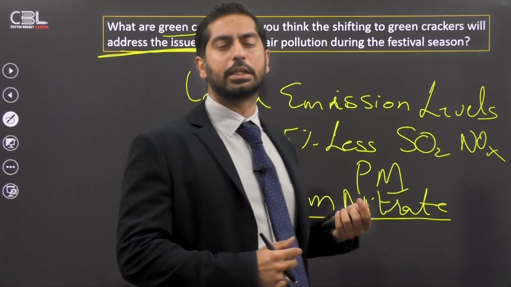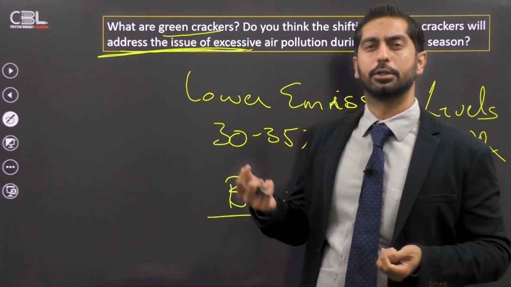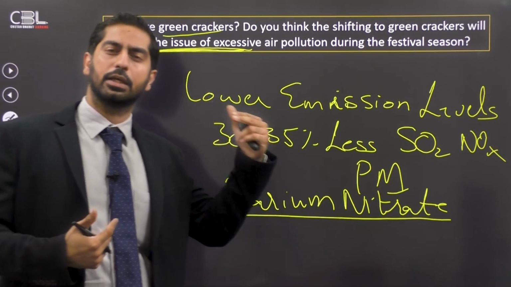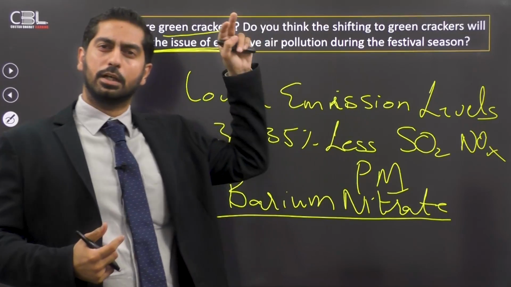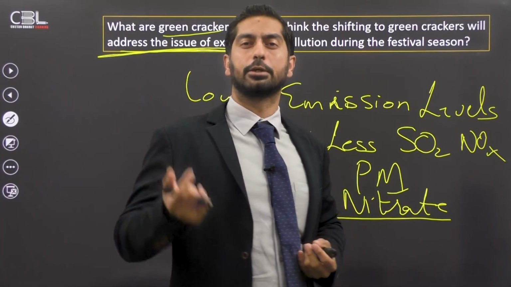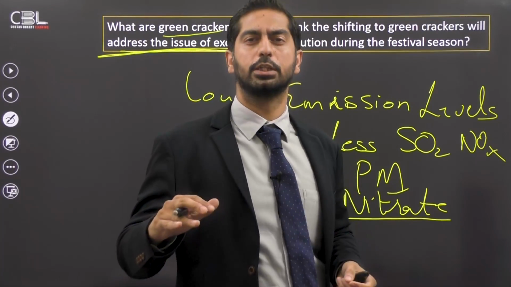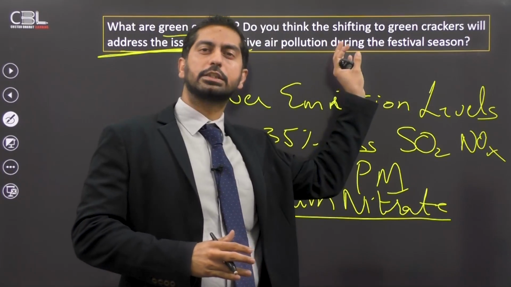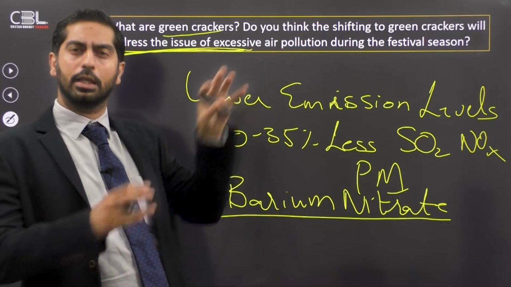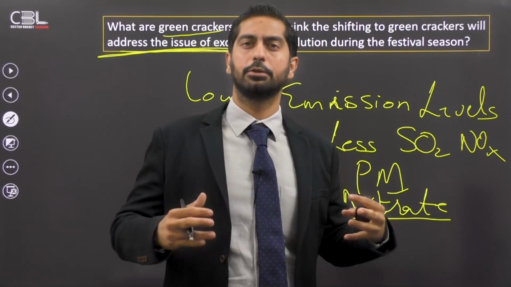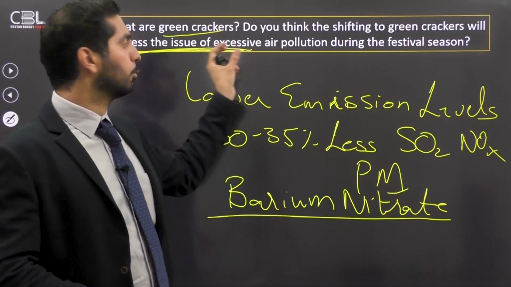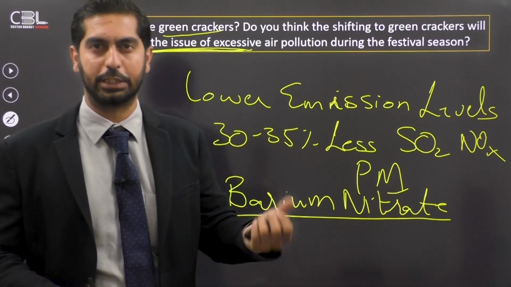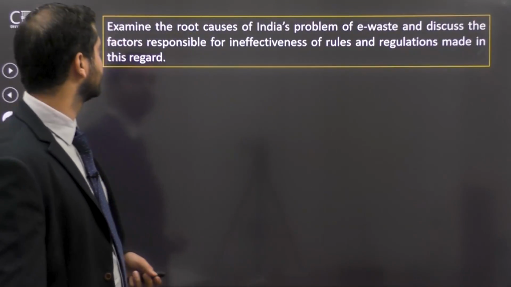Similarly, for the construction activities, the Delhi government had already introduced this graded response plan, in which when the pollution level hits a certain level, some of the activities were regulated or completely stopped. Construction activities were stopped, thermal plants were shut down. So the efforts to check the air pollution have to be multi-dimensional, and only if we work on all the dimensions would this problem be appropriately addressed. So on this positive note, you can end your answer. Now moving on to the next question.